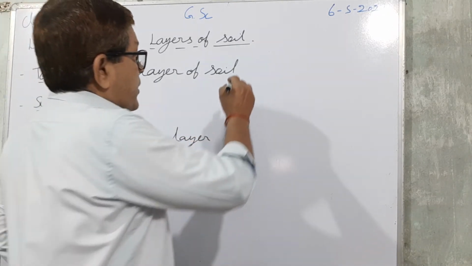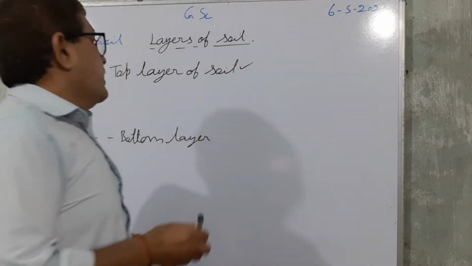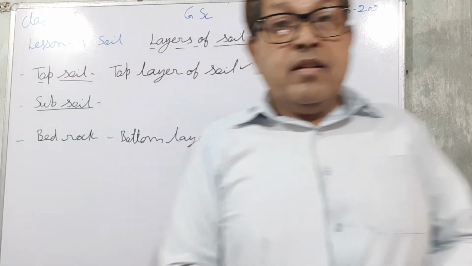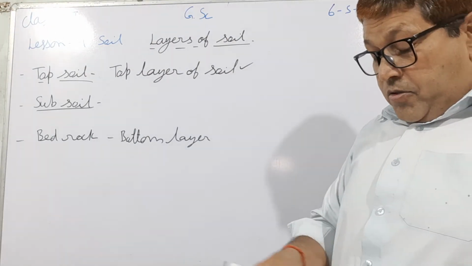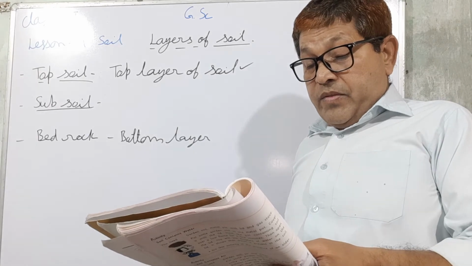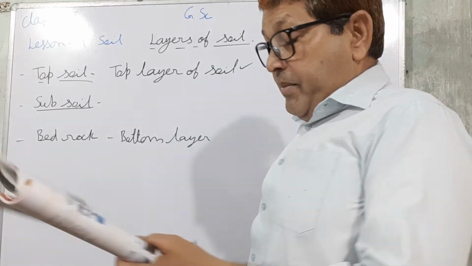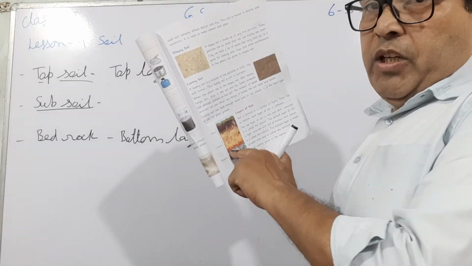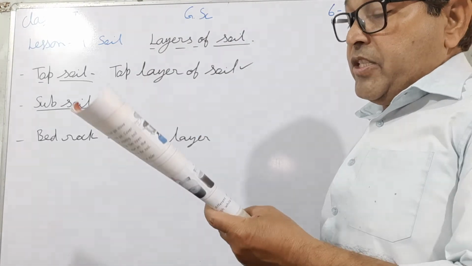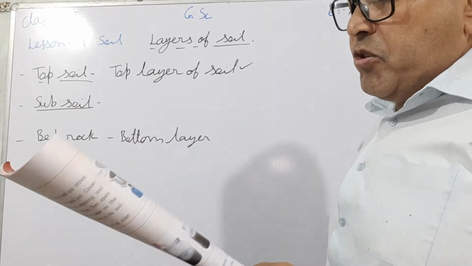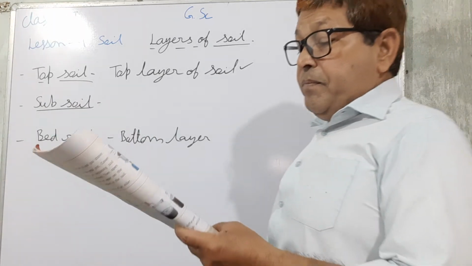Plants mostly grow in the top layer of soil. One diagram is given on page number 51, so you have to draw this diagram. In this diagram, different layers of soil are given.